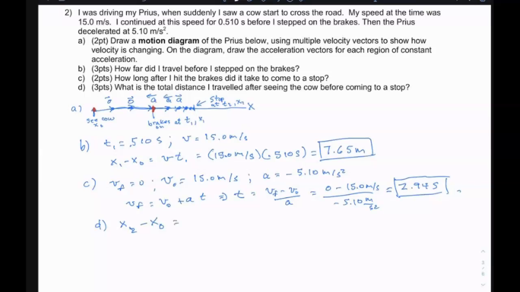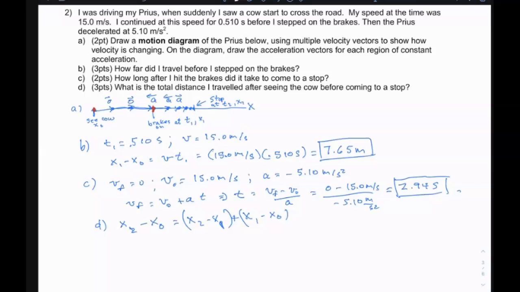Well, that's equal to the displacement between x2 and x1 plus the displacement between x1 and x0. We found the displacement between x1 and x0 in part B. That was 7.65 meters. So we need to find x2 minus x1.